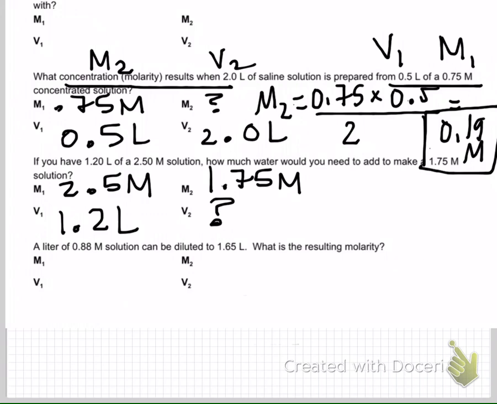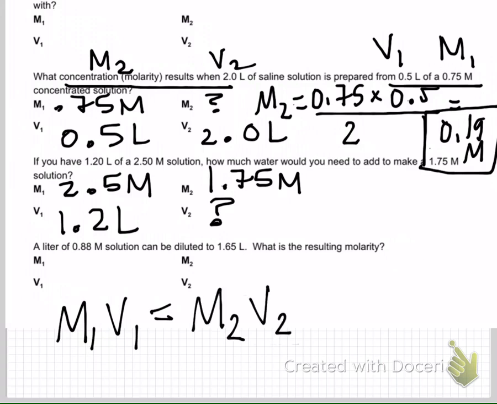I have M1 V1 is equal to M2 V2. To get V2 by itself, we're going to divide by M2 on each side.